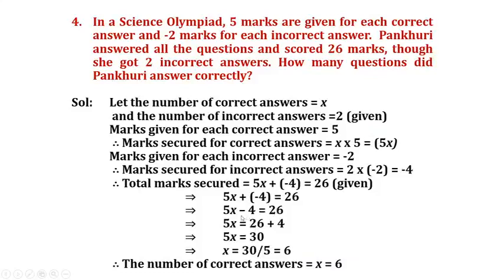Now if you transpose this minus 4 to the right side, it will become 26 plus 4. Now 26 plus 4 is equal to 30. So 5 into x is equal to 30. Now you can write x is equal to, if you transpose this into 5 to this side, it will become divided by 5. So 30 divided by 5, 5 6s are 30. Therefore x is equal to 6.